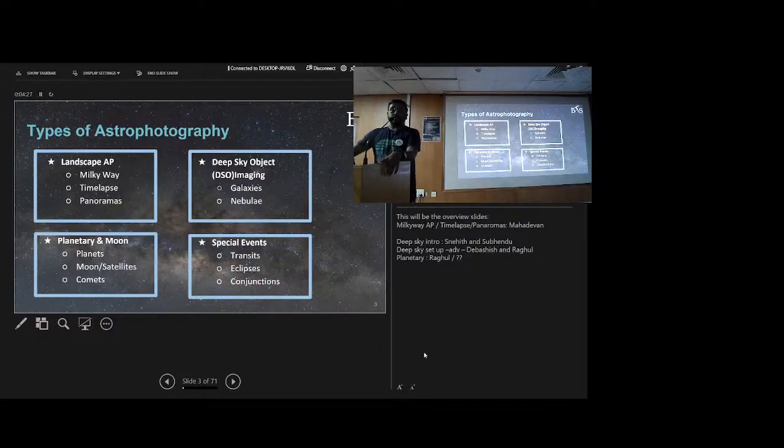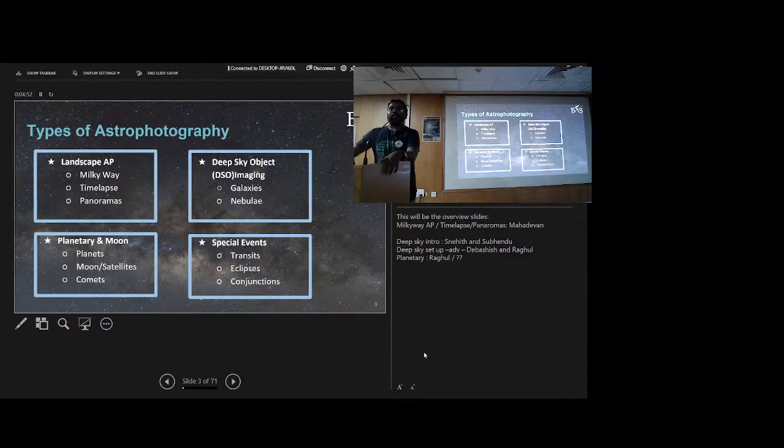DSO imaging. This is probably the most complex imaging out of these four topics. So DSO imaging requires a lot of patience, skill, equipment, and above all of these, luck, meaning the clouds. It has to be a clear sky, it has to be a dark sky, the right pointing, and also money for buying those equipments and stuff.